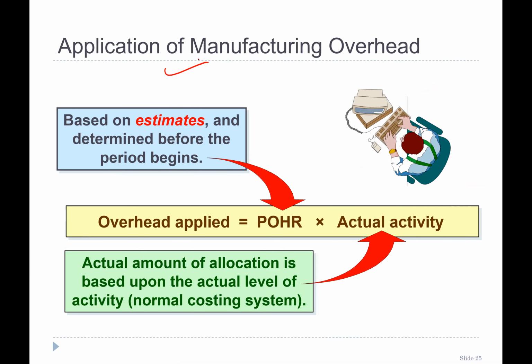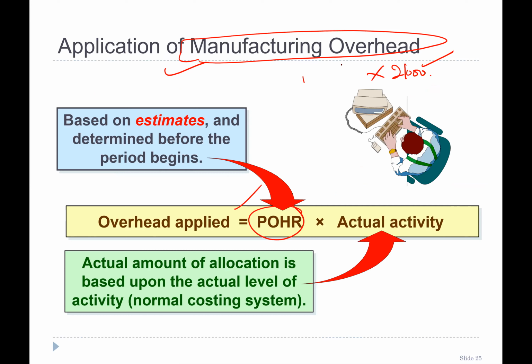Now the next step is application of manufacturing overhead, which is the application of POHR. So in order to calculate what would be our estimated cost if we have used 21,000 hours rather than 20,000, simple, you multiply the actual hours by the predetermined overhead rate, which means you multiply 6.7 with 21,000.